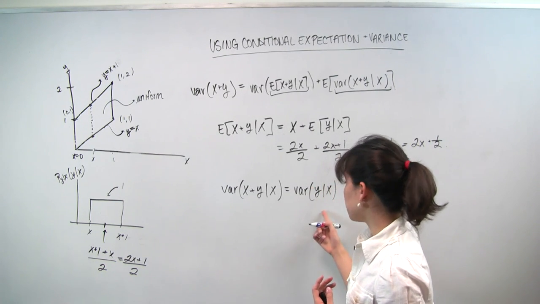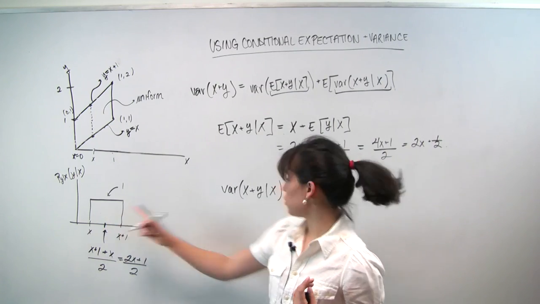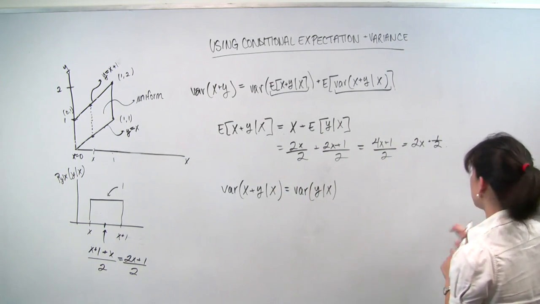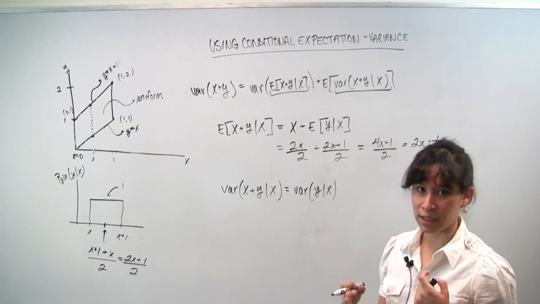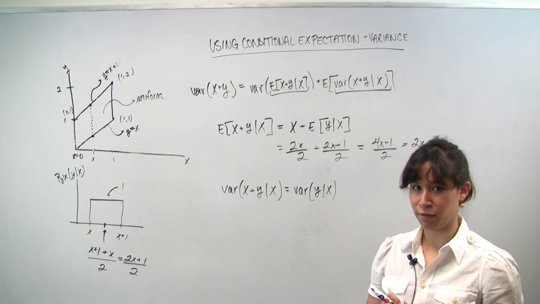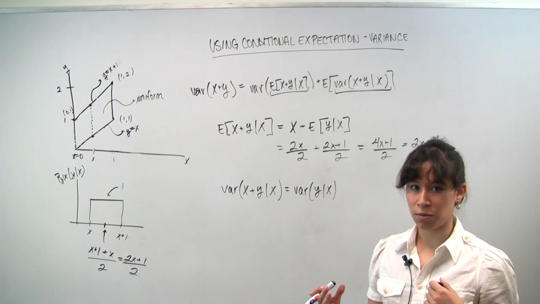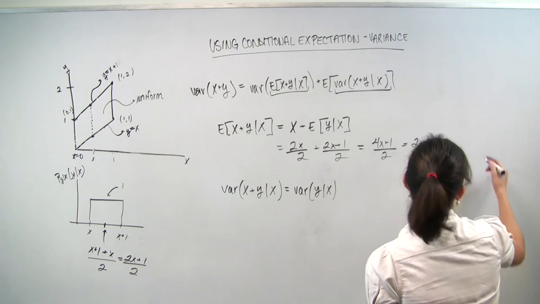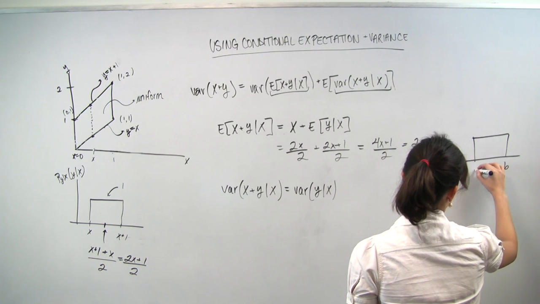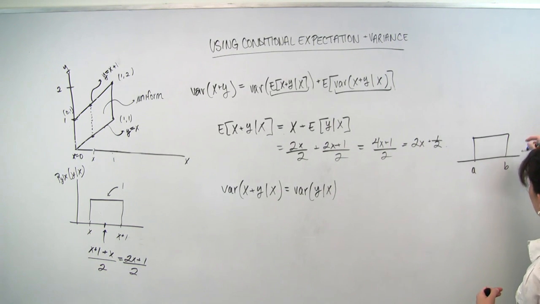And now we can look at this conditional PDF to figure out what this is. So we're going to take a quick tangent over here, and I'm just going to remind you that we have a formula for computing the variance of a random variable when it's uniformly distributed between two endpoints. So say we have a random variable whose PDF looks something like this.